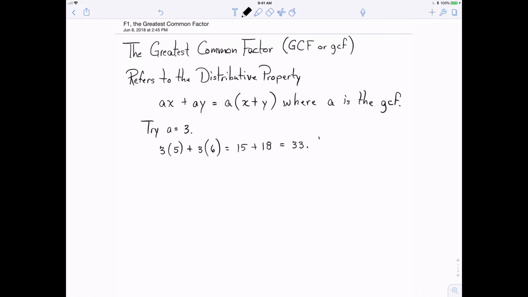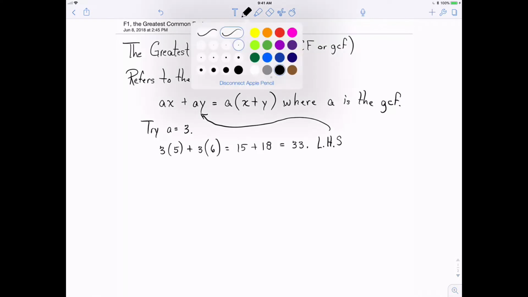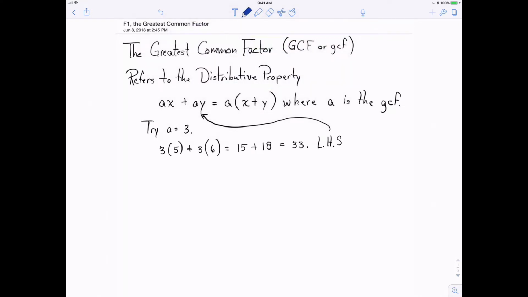So this is the left-hand side, LHS, of the distributive property. Now, let's try this. I'll do this in blue. So this will be the right-hand side over here. Let's repeat this process.